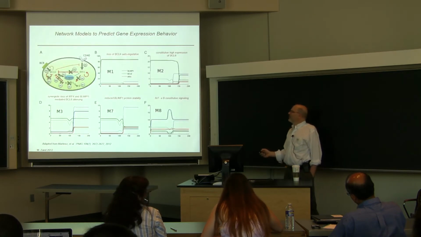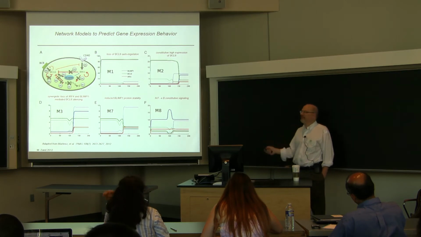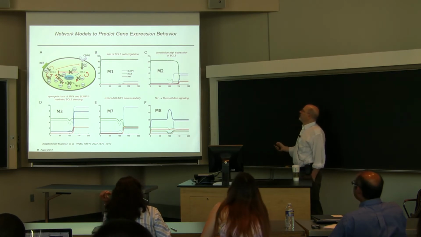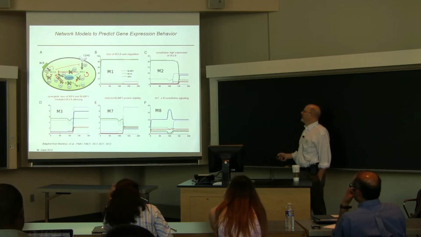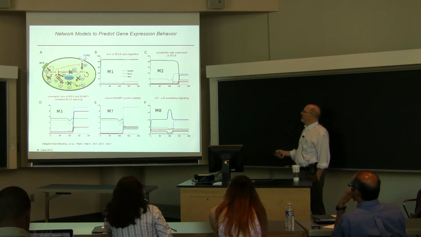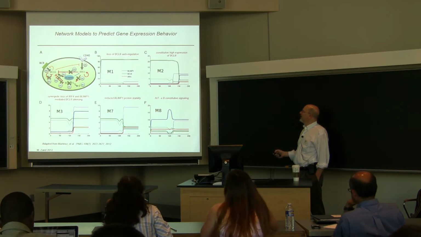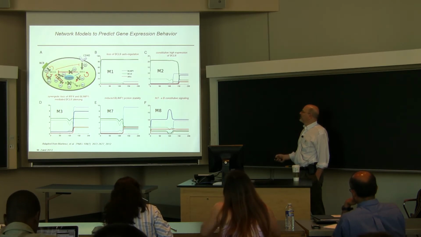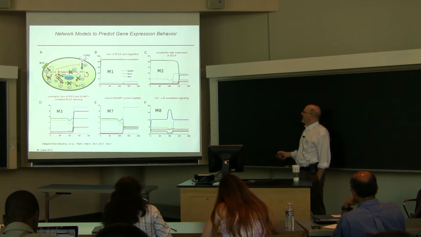Okay, so a couple examples of other types of models, then I'm going to lead you through constructing a few immunologic models. So network models to predict gene expression behavior. This is a network model of gene expression and transcription factor interactions that tries to reproduce the various phenotypes of, these are different types of classifications of lymphoma.